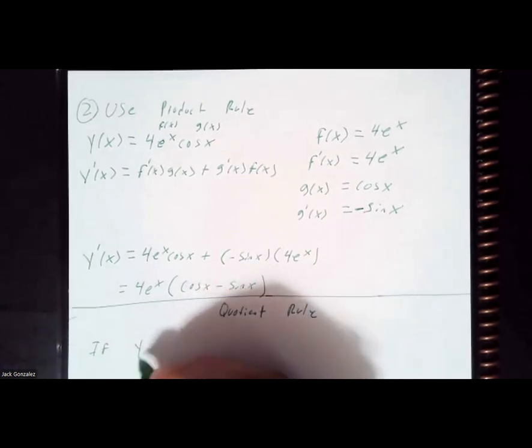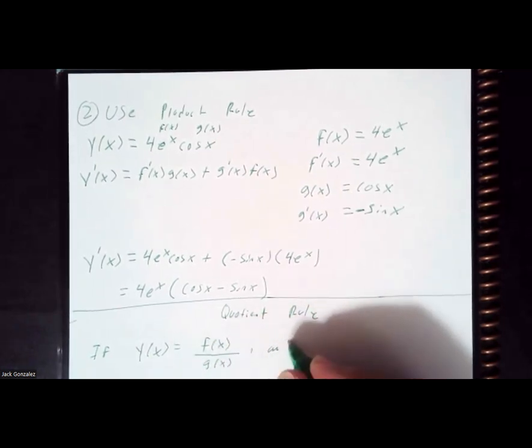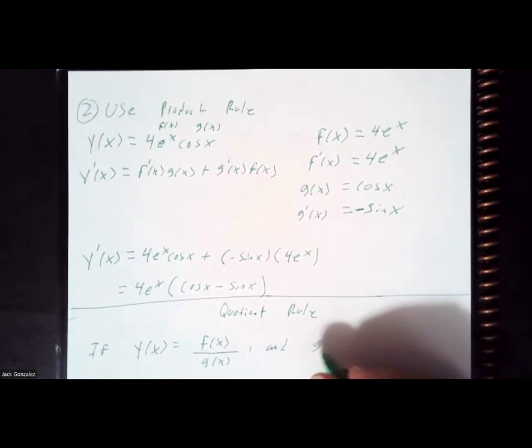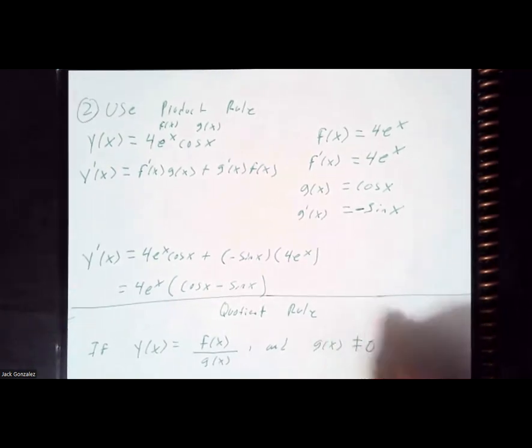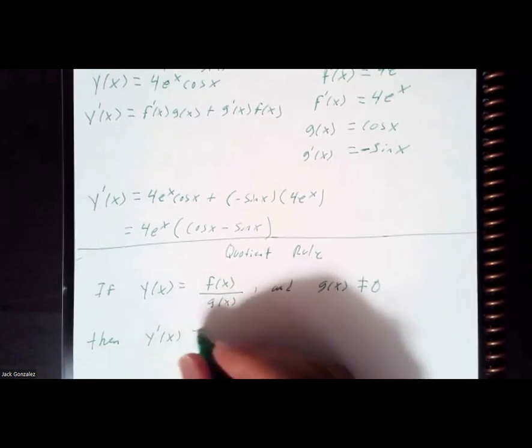If y of x is equal to f of x over g of x, and g of x is not 0, then the derivative would be the quotient rule formula.